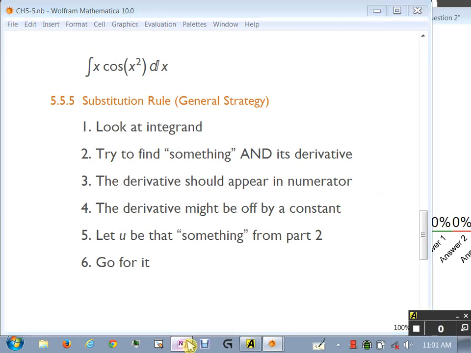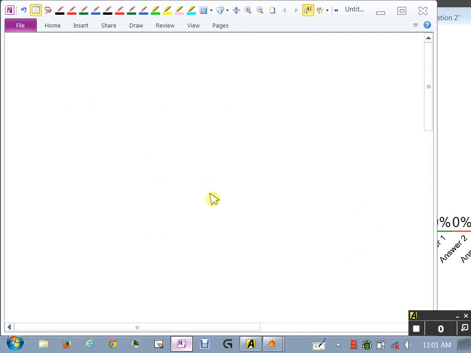And I did several examples, and I'm going to continue with some examples right now. What you're going to see with the ones I'm going to show you now is that the substitution is not as natural as you would think. I told you, look for something and its derivative, but it turns out that sometimes that's not there, but a substitution will still work. All right, so let's take a look at something of that nature.